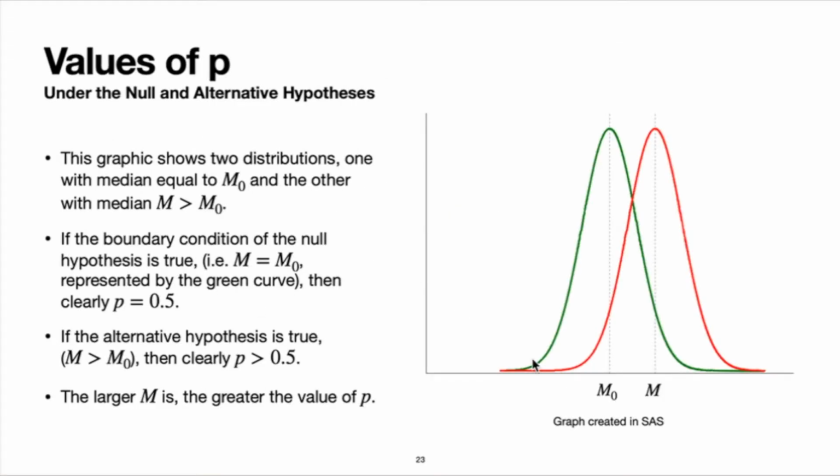If the distribution we're sampling from is this green curve, what is the probability that a y value we get is greater than the median cap M sub 0? Clearly, you can tell by the graph that that probability is going to be 1/2, 0.5.